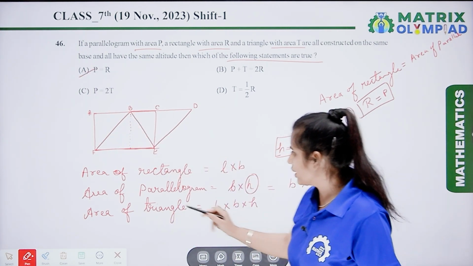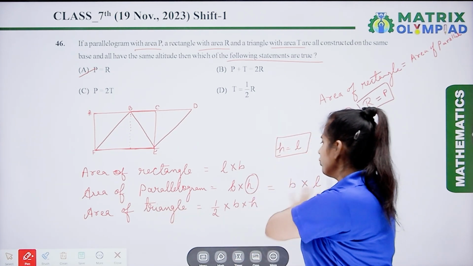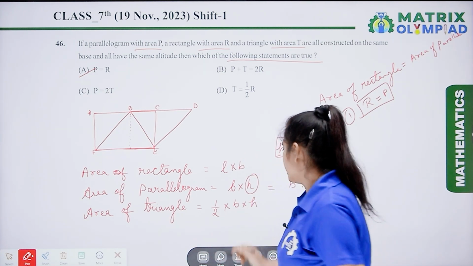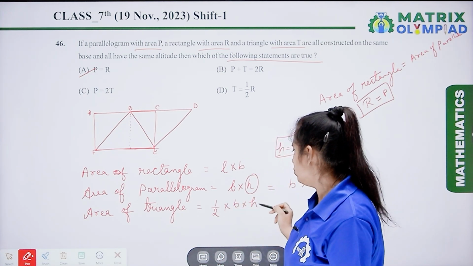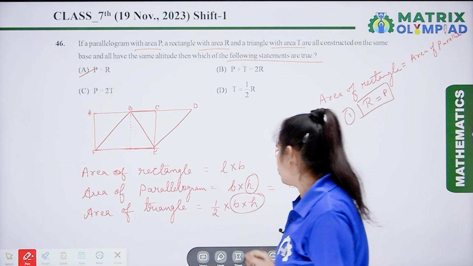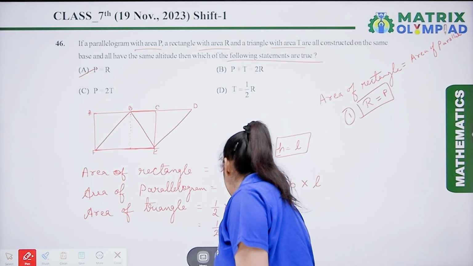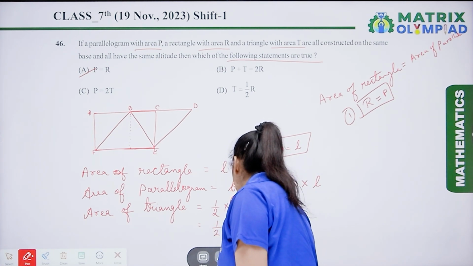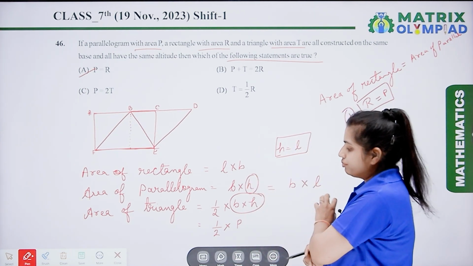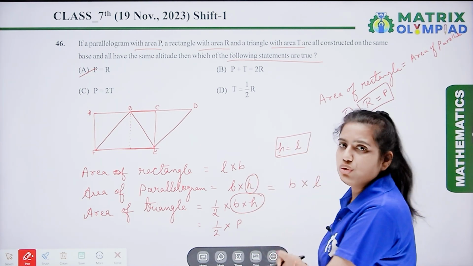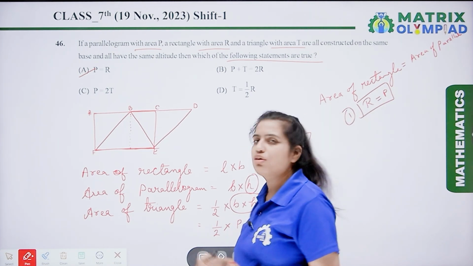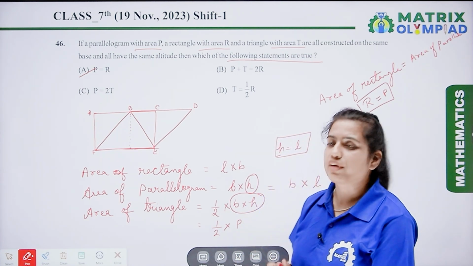Then next, let's check. Area of the parallelogram we know, B into L. Now, what about the area of the triangle? Here it is half into base into height. So, if we replace this B into H with R or P, because R is equal to P. So, here B into H or L into B is the area of the parallelogram or the area of the rectangle.